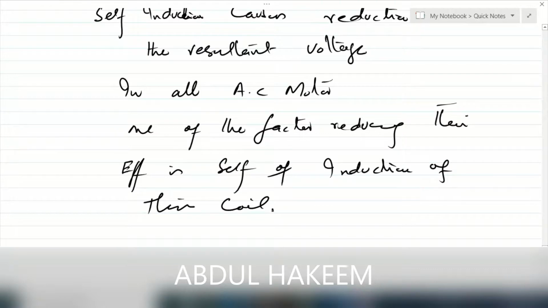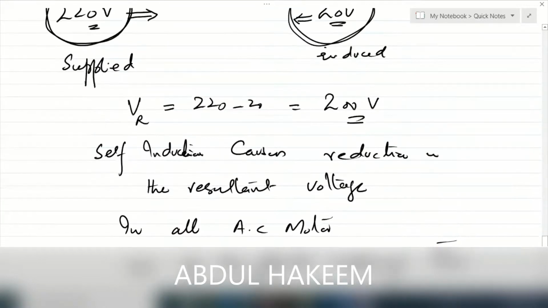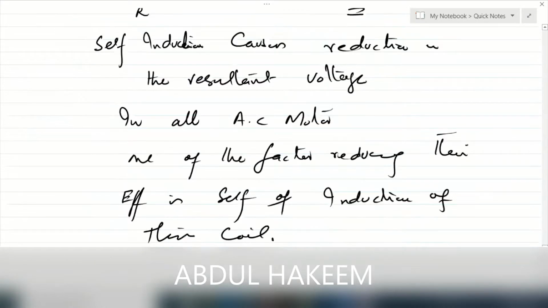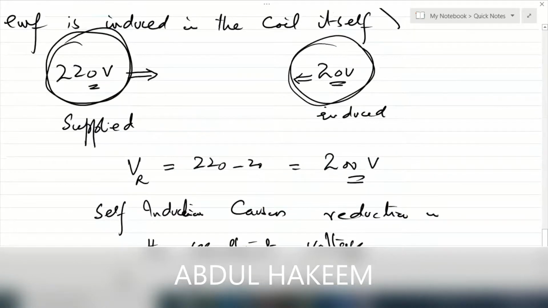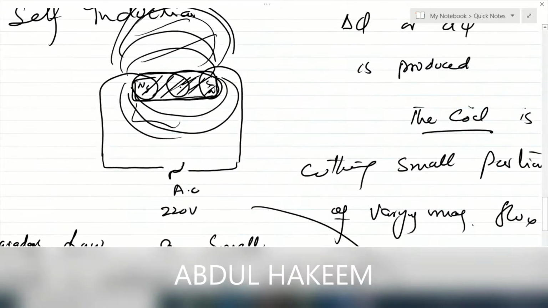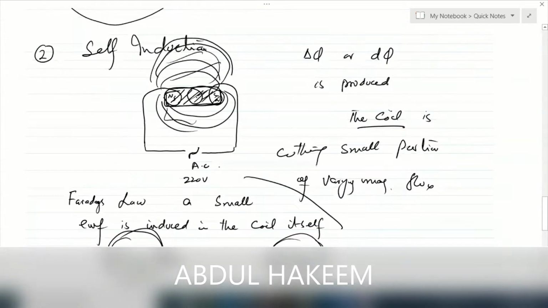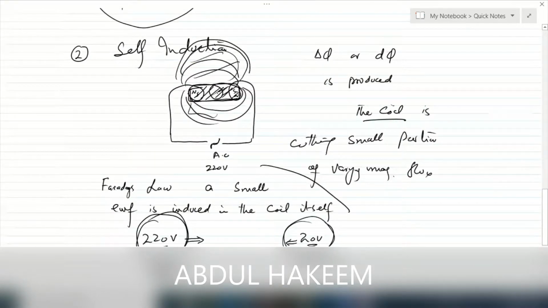So this self-induction is not an advantage, it is a disadvantage, but with the shape of the coil, we can reduce it, but it cannot be eliminated completely. So all coils which are connected with the alternating voltage, alternating current, will self-induce EMF, and this is the disadvantage for motors.